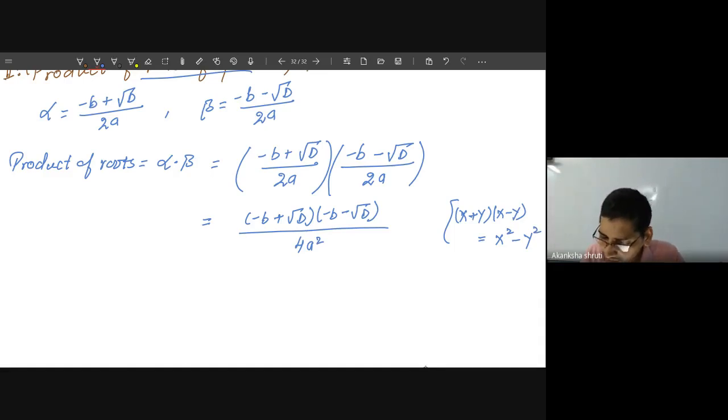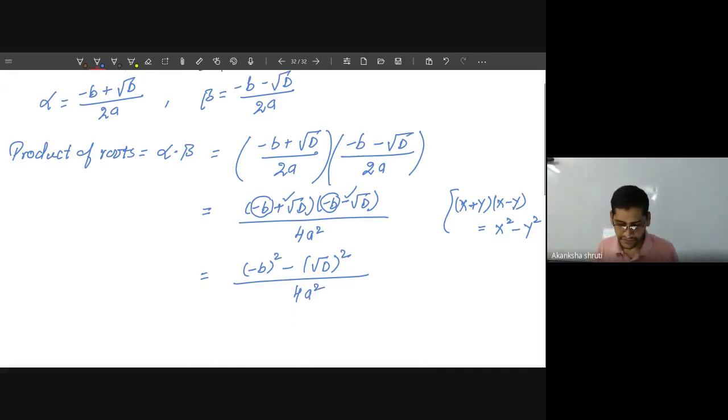Take care that these X and Y can be positive or negative. Here we have minus b and minus b, of the same sign, so for the numerator we write minus b whole square. For the under root of D, the signs are changed, one is plus and another is minus, so we take it as minus under root of D whole square, all divided by 4a square.